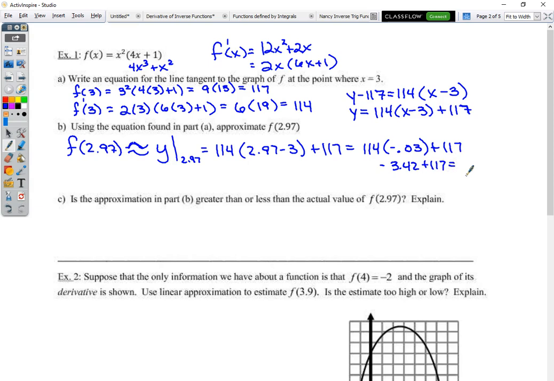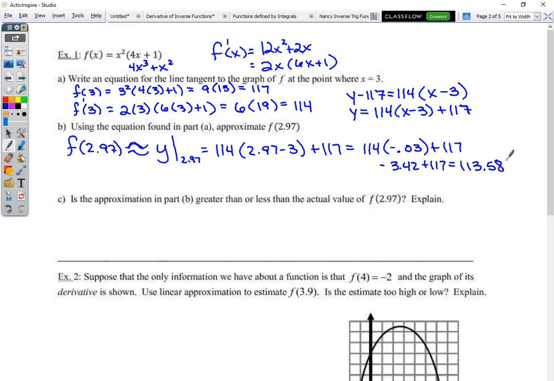And if we combine those, we get 113.58. Now, if you wanted to use a calculator, you could check to see how close we were on that particular problem. But that's linear approximation. It's a whole lot easier to calculate those numbers than the ones before.